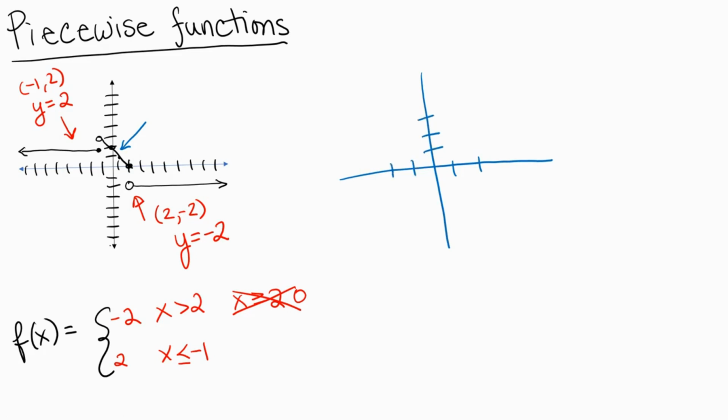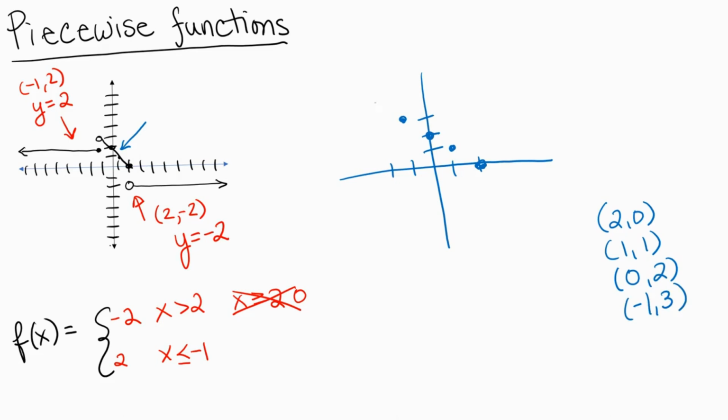It starts right here, and that point is 2, 0. The next point is right here, which is 1, 1. The next one is at 0, 2. And the final point is right here, which is -1, 3.